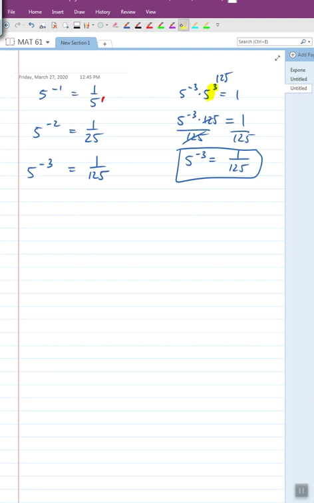Do you see that 5 to the negative 2 is 1/25, which is 1/5 squared? And you should see that 5 to the negative 3 is 1/5 cubed, so that sounds right.